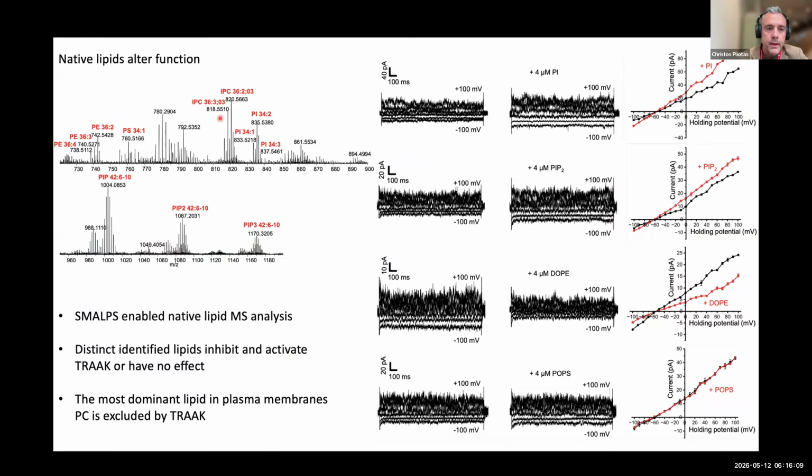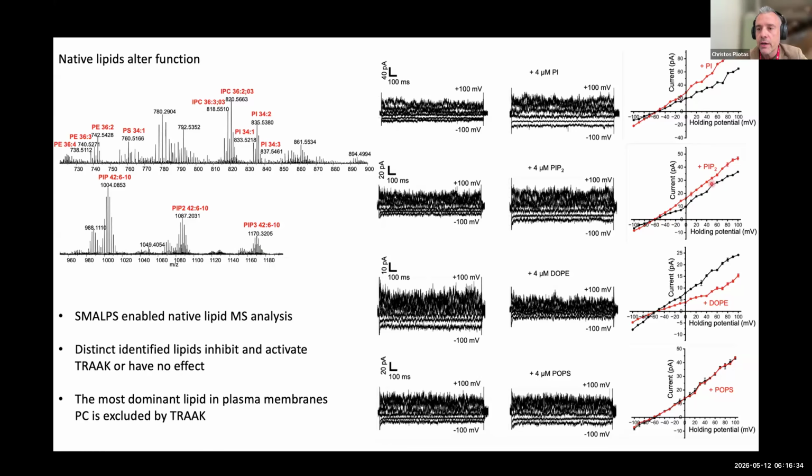On the side, we did mass spectrometry in which we extracted the lipids that were trapped and selected by TRAAK before solubilization by SMA, obviously. And we detected really nice lipids, including signaling lipids, which we then tested by electrophysiology. For instance, for the PI lipids, we saw activation of the channels.